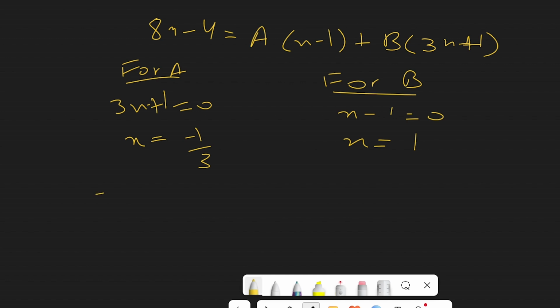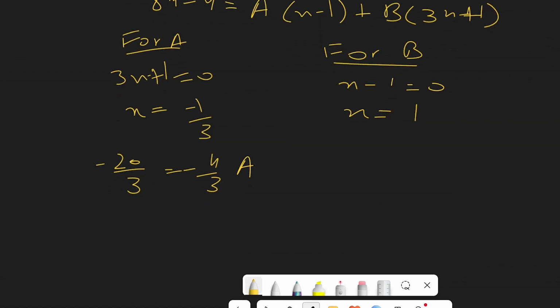So minus 20 over 3 is equal to, because we are solving for A, B would be cancelled out because it will become 0, and then A times (minus 1 over 3 minus 1), that would be minus 4 over 3 A. Then we divide minus 20 over 3 by minus 4 over 3, and we get A equals 5.